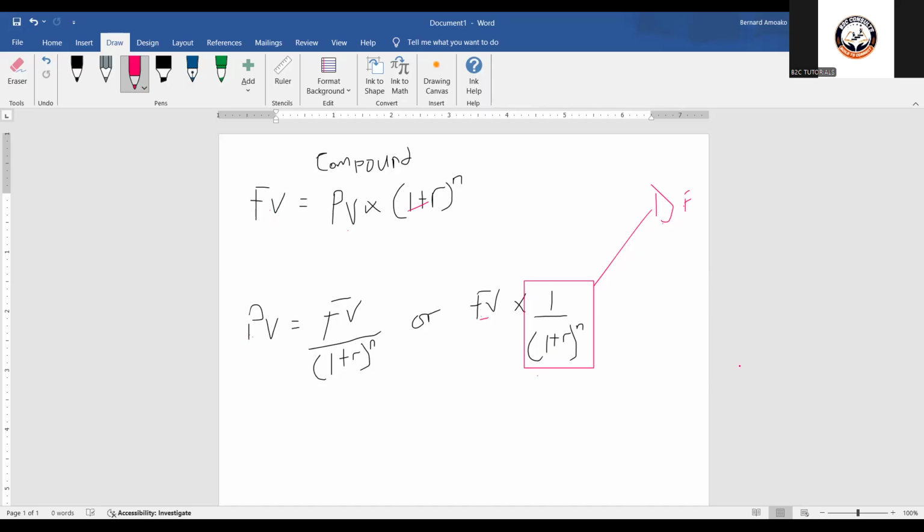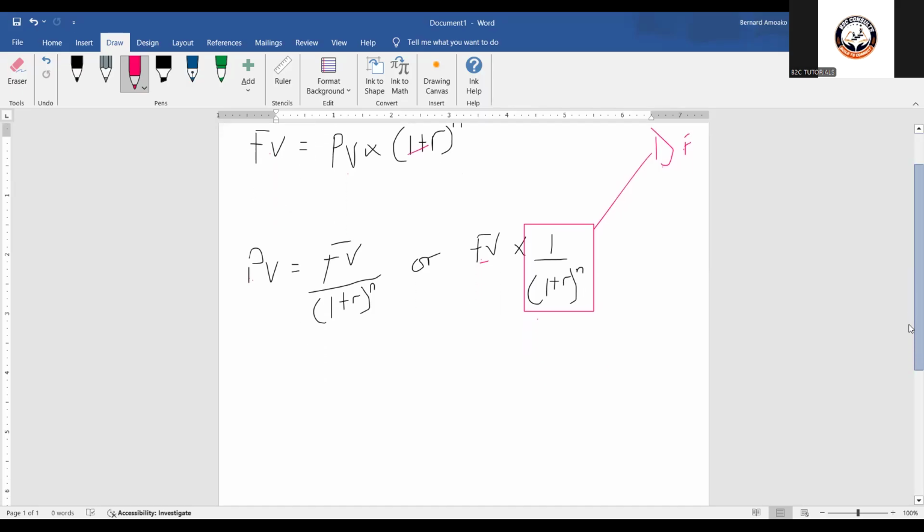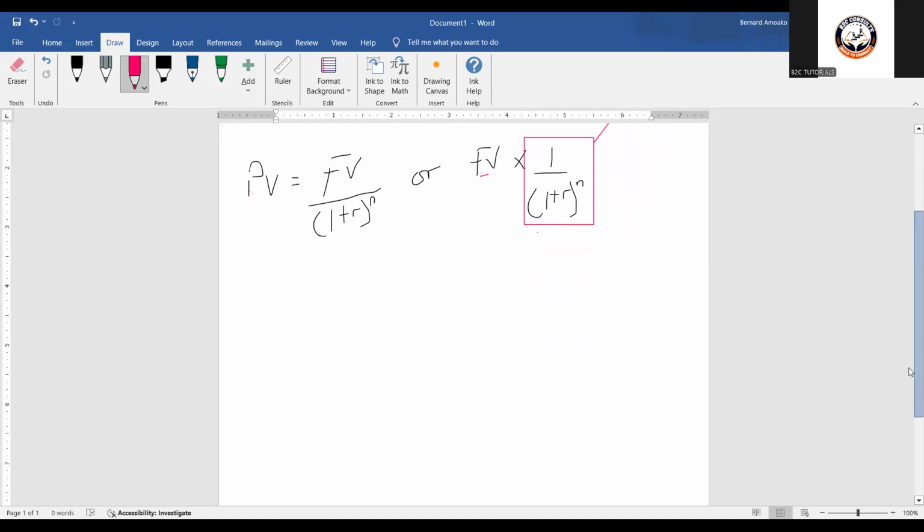A clear example is what we took in class the other time, where a question tells us the present value, the money today, was say 20,000, the number of years was 6, and the rate was 10%, and you are asked to find the future value.